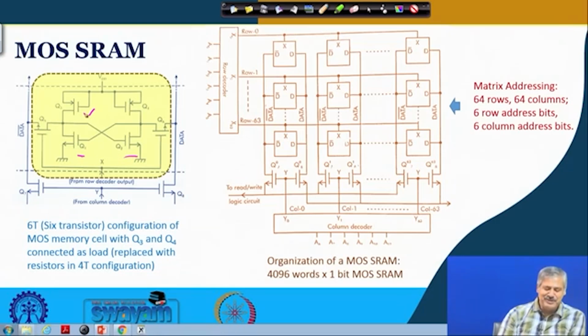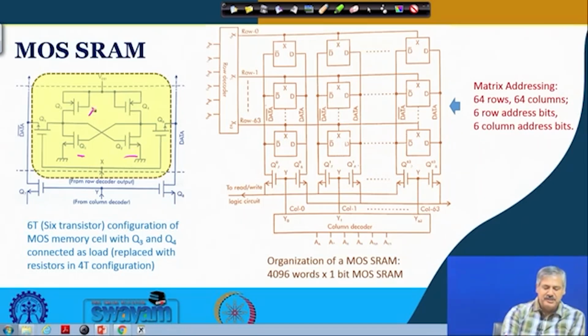Otherwise, one can make a normal resistor also in this place, and this will also provide the same cross coupled bistable mode of operation. Cross coupled inverters providing bistable mode of operation.